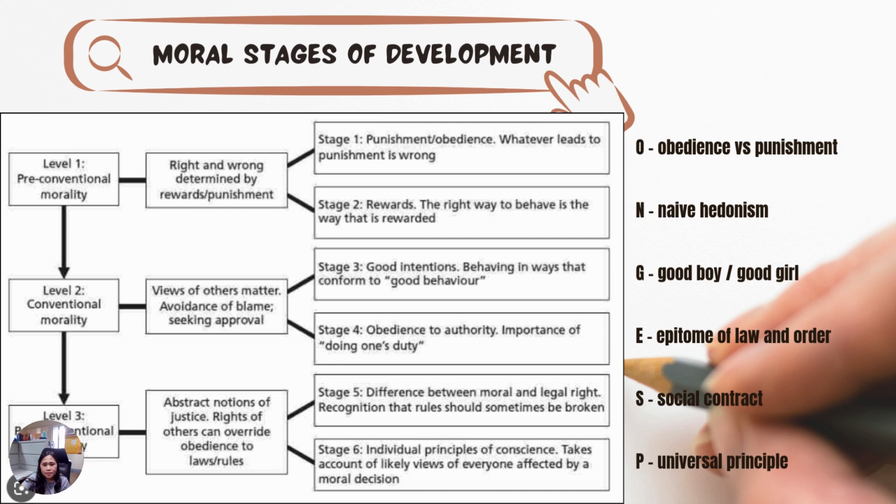Now we have the third, the post-conventional level, with two sub-stages again: first, the social contract, then the universal principle. During substage 5, an individual already appreciates the difference between what is moral and what is legally right.